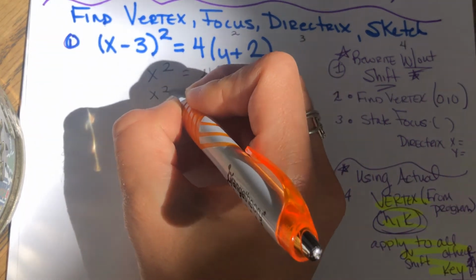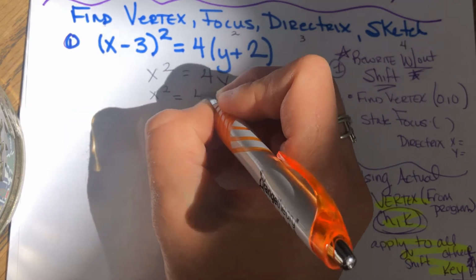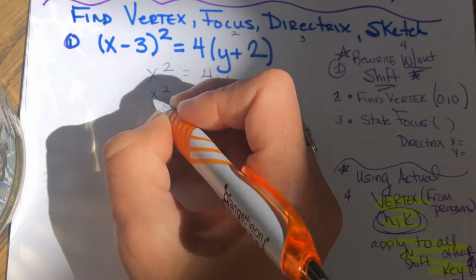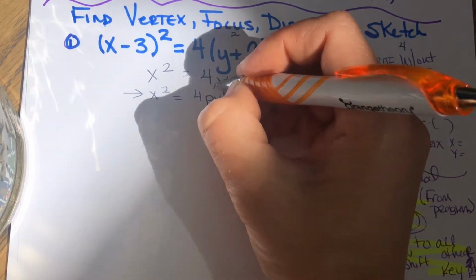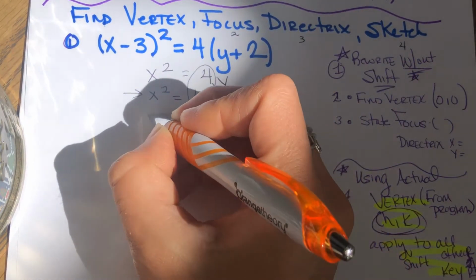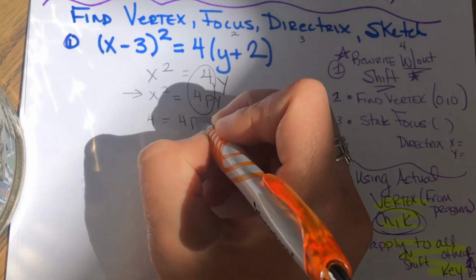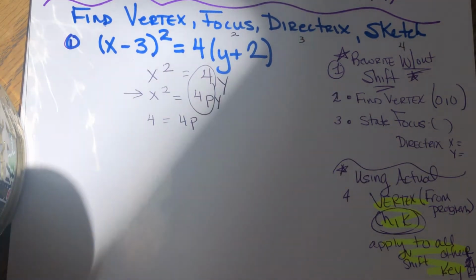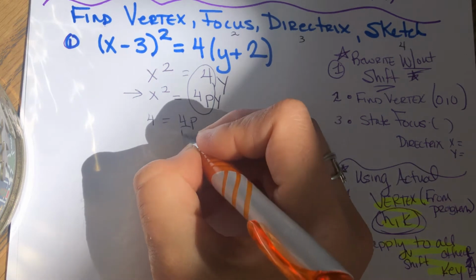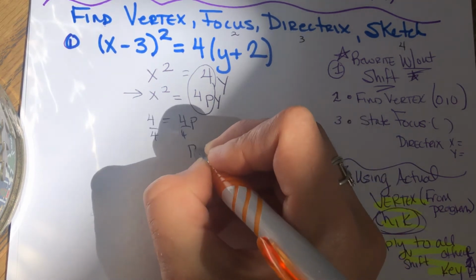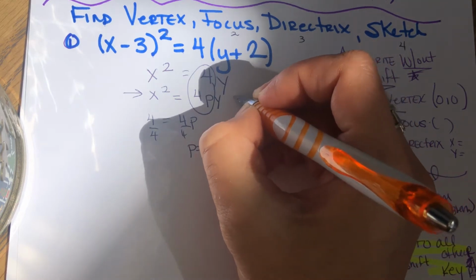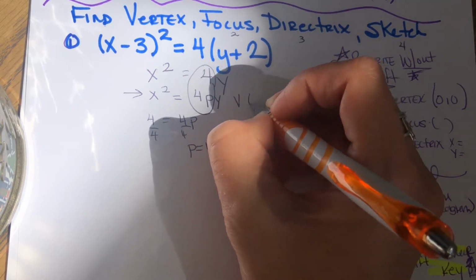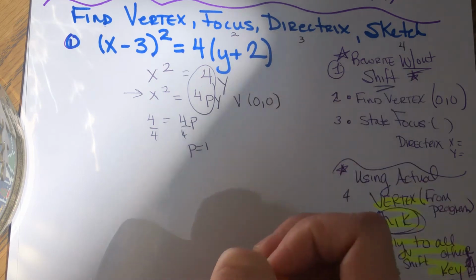So first thing we did was rewrite the basic equation. Now we're going to solve for p. Let's solve for p. So p is 1. Okay, same thing. Let's write our values. From this, we have our vertex, which is 0, 0.